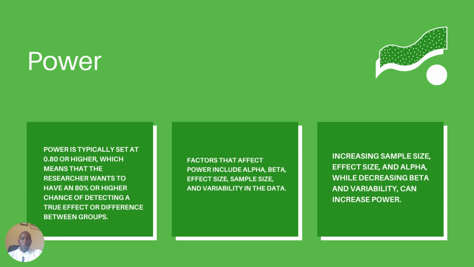Remember, power is the probability of detecting a true effect. So you can choose a value to say that for this study that I'm conducting, the power that I've set is 0.8. And when I say 0.8, I mean that I have an 80% chance of detecting a true value.